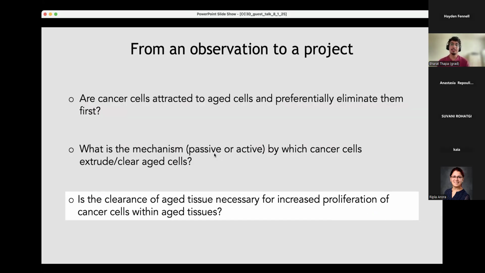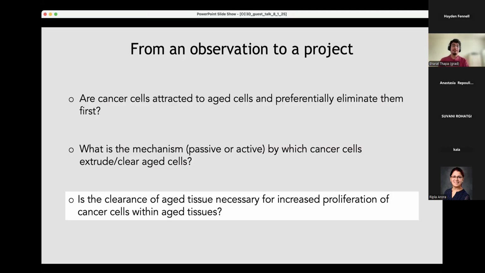Awesome. So the third observation, which I was really interested in, was whether the clearance of aged tissue is actually required for the increased proliferation of cancer cells in elderly women. Before knowing the mechanism, you can't really answer this question because, for example, one of the experiments which I can think of is to have the aged cells, put cancer cells on top of them, and then, if it's through apoptosis, inhibit the apoptosis so the senescent cells or the aged cells do not get extruded, and now see what happens to the growth of the cancer.